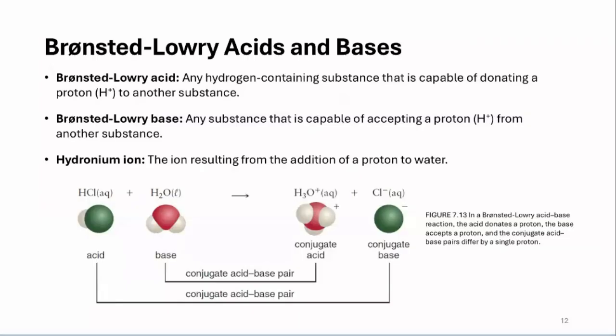We also have names for the products that form in an acid-base reaction. So the substance that forms from the base accepting a proton, that is called a conjugate acid, while the substance that forms when the acid loses a proton, that is known as a conjugate base.